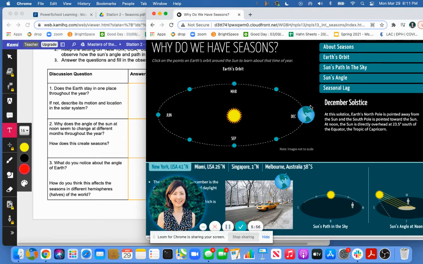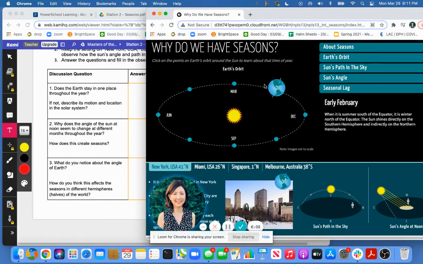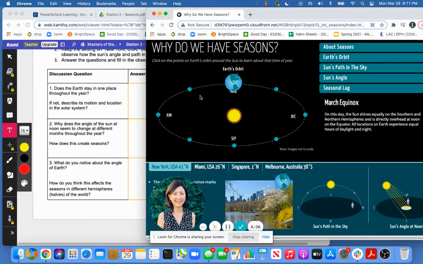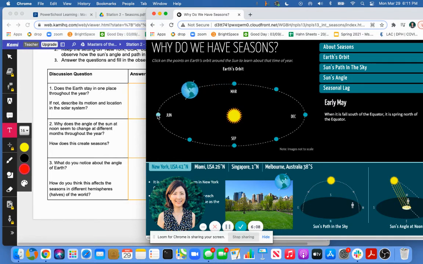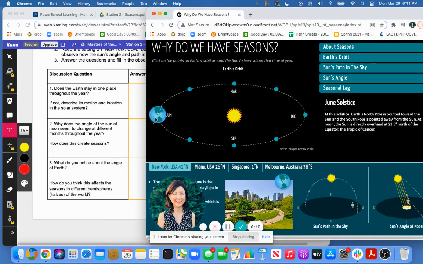Well, you can see that the Earth is tilted on its axis, and that causes the northern hemisphere to have a different position than the southern hemisphere, so they experience direct or indirect rays at different times. The southern hemisphere is going to be pointed away, so their temperature is going to be opposite of what the northern hemisphere is experiencing.